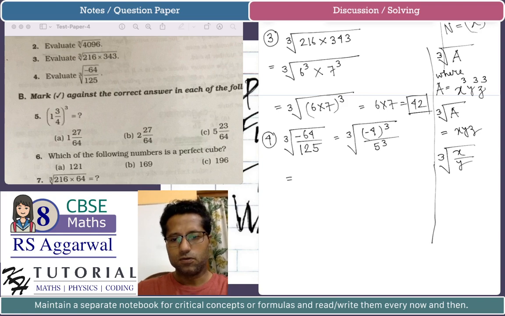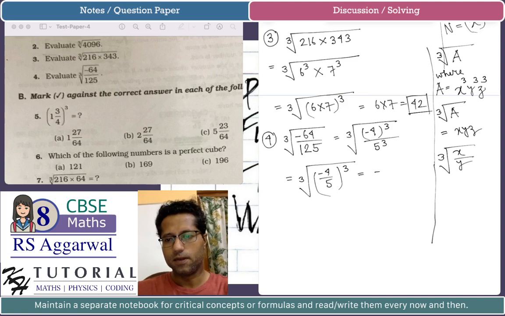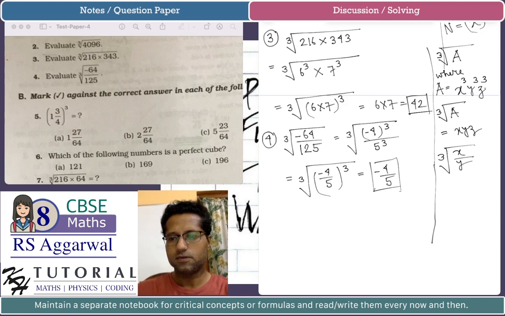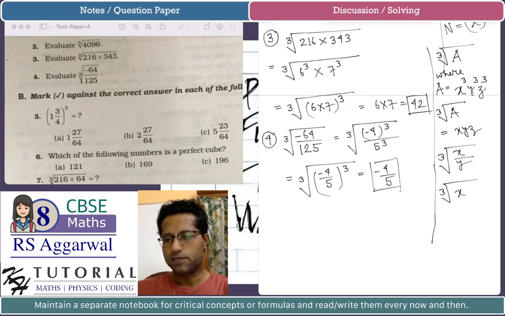So this is cube root of minus 4 by 5 whole cube. So this will be equal to minus 4 by 5, as the concept is cube root of x cube is always x.